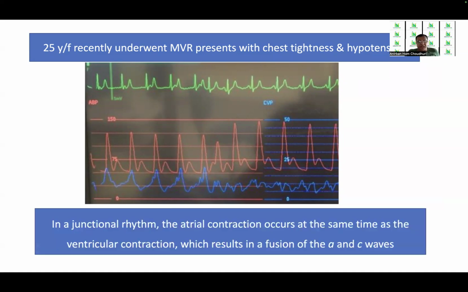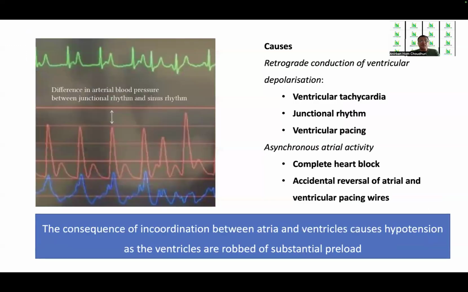In junctional rhythm, the atrial contraction occurs at the same time as the ventricular contraction, which results in fusion of the A and C waves, and that is why they appear thicker and also taller. Now, the causes can be divided into either retrograde conduction of ventricular depolarization or asynchronous atrial activity.